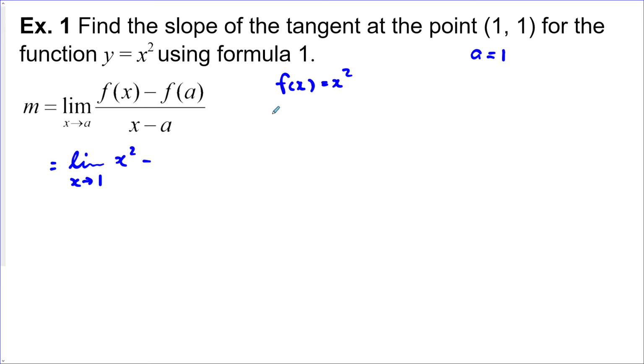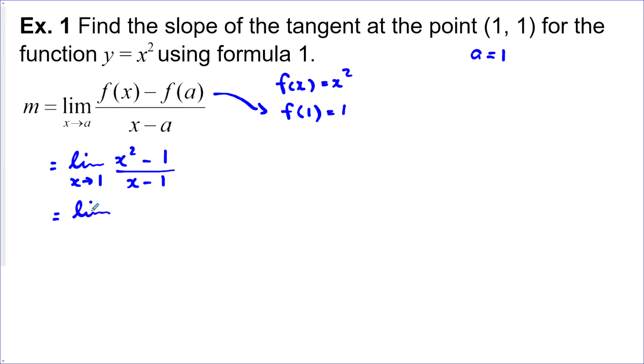F at A would be, in this case, f at 1, which is 1 squared, which is 1. So 1 there, and x minus 1 in the denominator. Now I can do some algebra. I can't let x approach 1 yet, or I'll have 0 in the denominator.